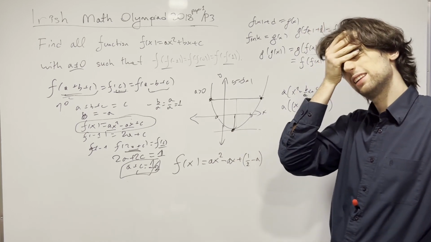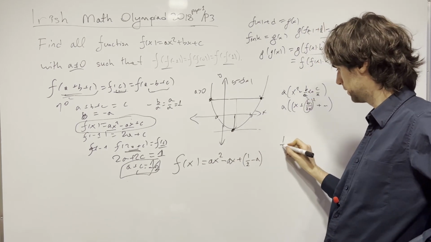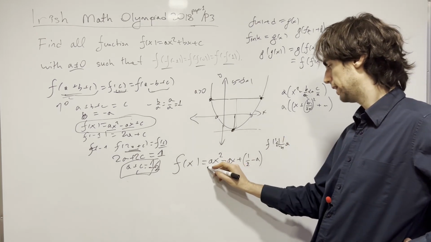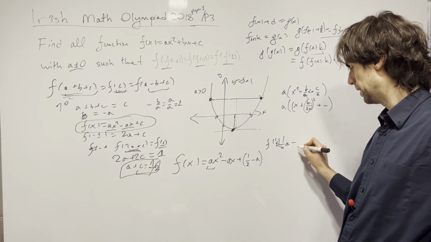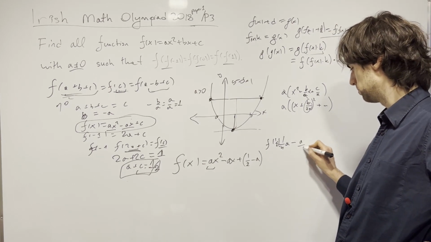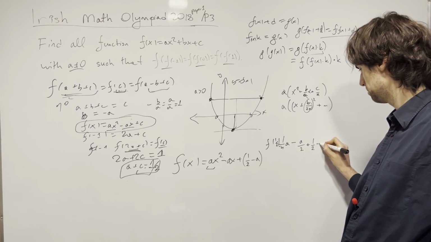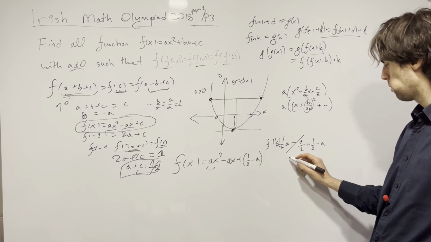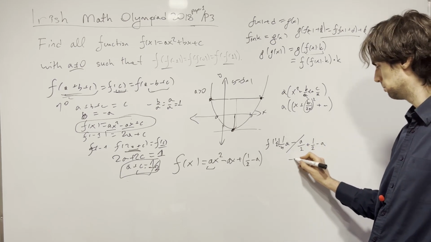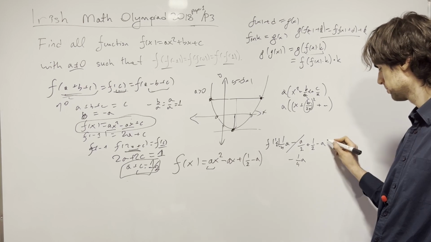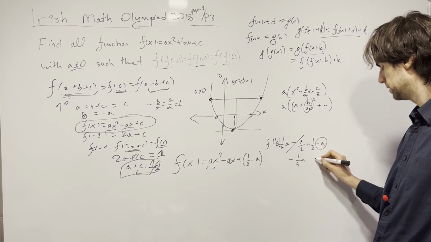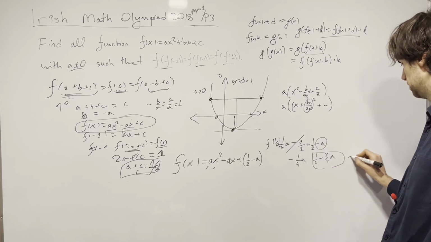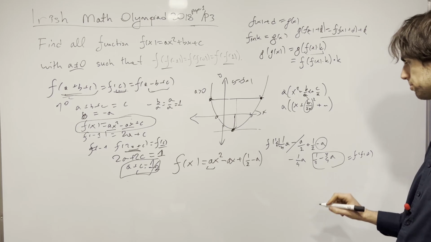So f of 1 over 2 is a fourth a minus a over 2 plus a half minus a. So this gives us a fourth minus a half, which is minus 1 over 4a, plus this minus a, so it's a half minus 5 over 4a.